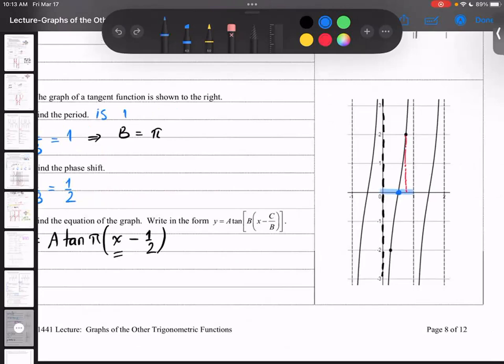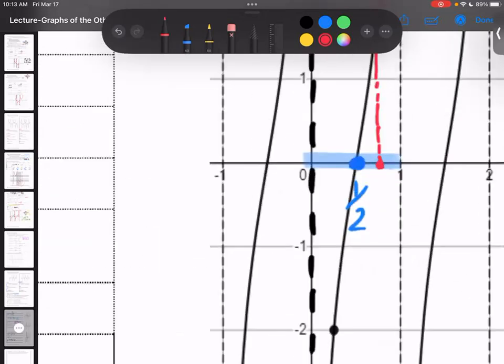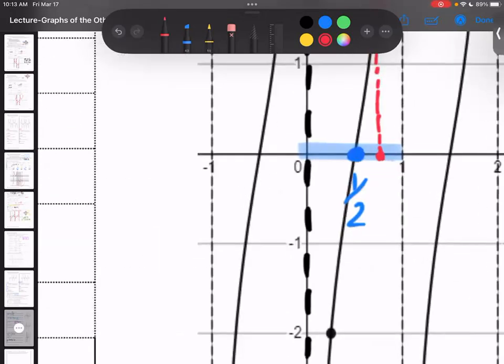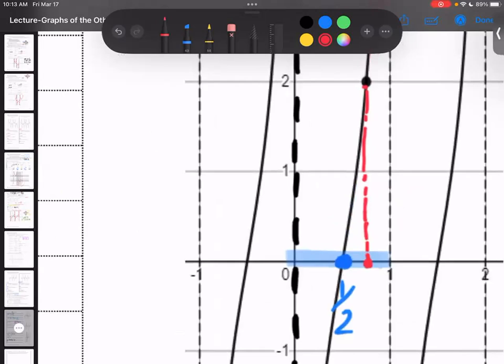If this is 1/2, then the red point will be what? Let me zoom in a little bit. This is 1/2. This is 0. 1/2. So this distance right here between the blue one and the red one would be a quarter, right?